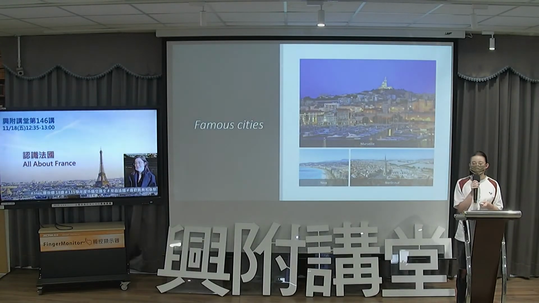In France, you probably know about Paris, the capital, but there are also other famous cities that are very popular during different times of the year. There are, for example, Marseille and Nice, which are very popular during the summer. And there is Bordeaux, of course, which is known for the wine because it's situated where the wine is made.